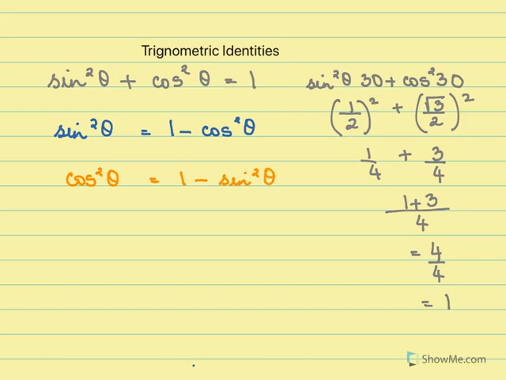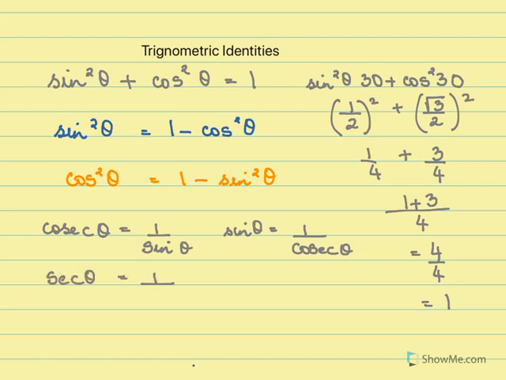The other things that you need to remember are that cosec theta equal to 1 by sine theta, or sine theta equal to 1 by cosec theta. Sec theta equal to 1 over cos theta, and cos theta equal to 1 over sec theta.